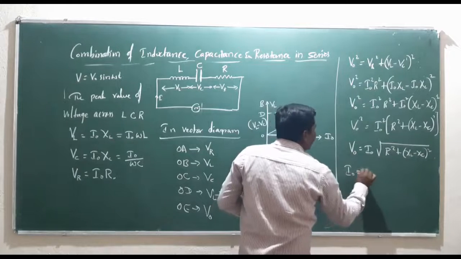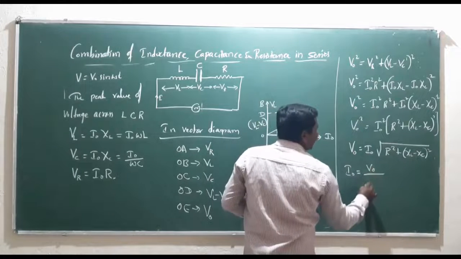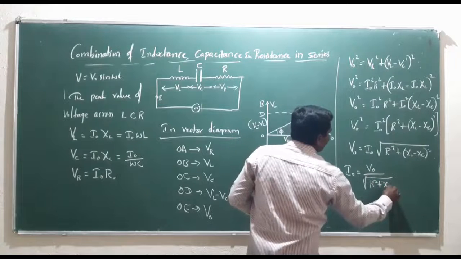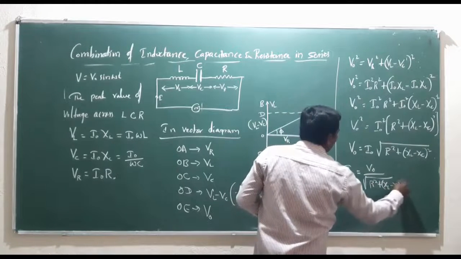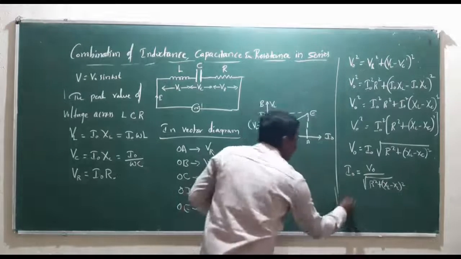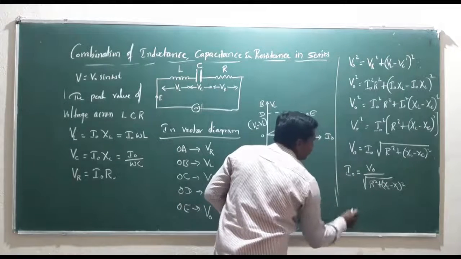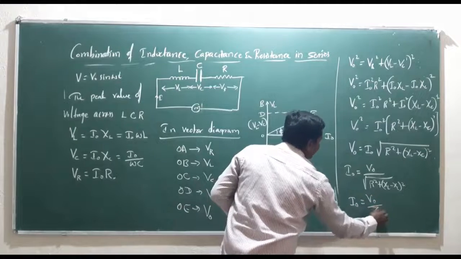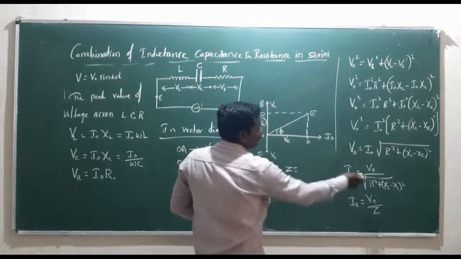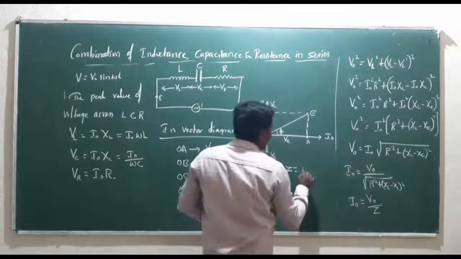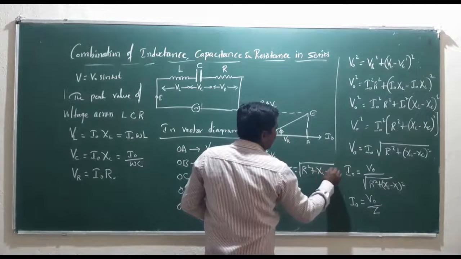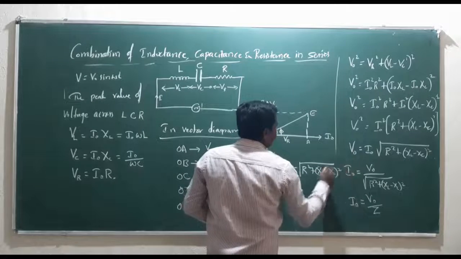Therefore I naught can be written as V naught divided by the square root of R square plus (chi of L minus chi of C) whole square. If we compare with the expression I naught equals V naught divided by Z, here Z is equal to, comparing this and this expression, the square root of R square plus (chi of L minus chi of C) whole square.